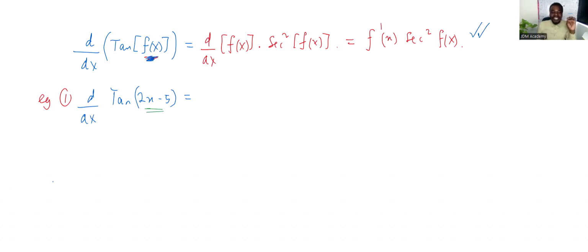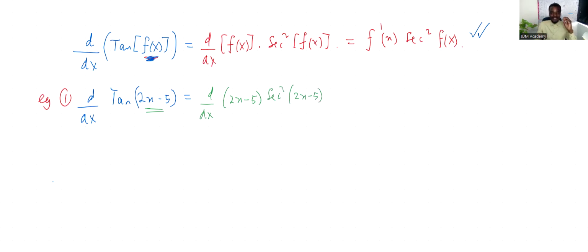Right, so what is the derivative of 2x minus 5? We need to find the derivative of 2x minus 5 first. And once we get that derivative, we multiply by sec squared of 2x minus 5. That's simple and straightforward. So what do we do next?